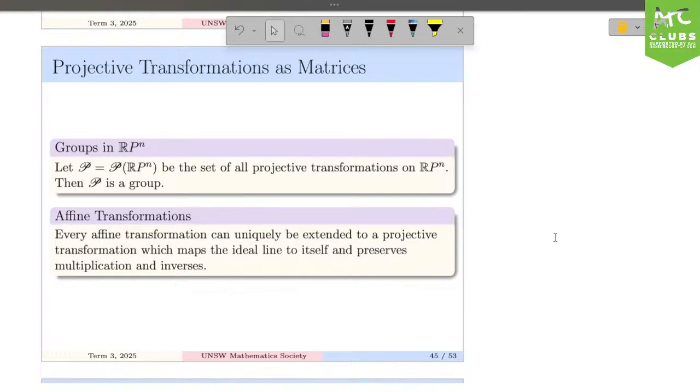And this mapping from affine transformations to projective transformations preserves multiplication and inverses. Proof is left as an exercise to the audience.